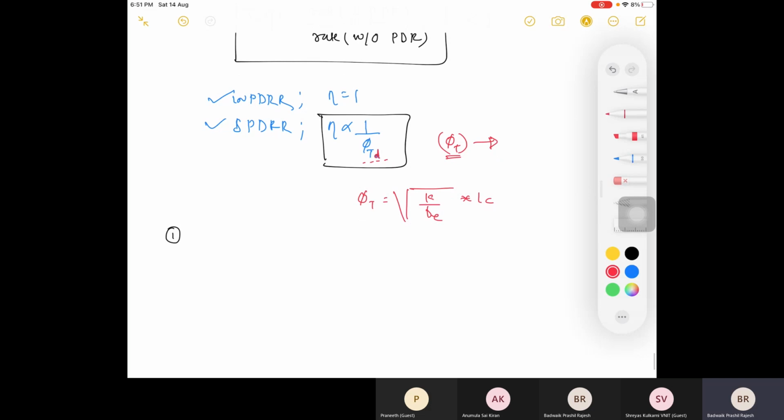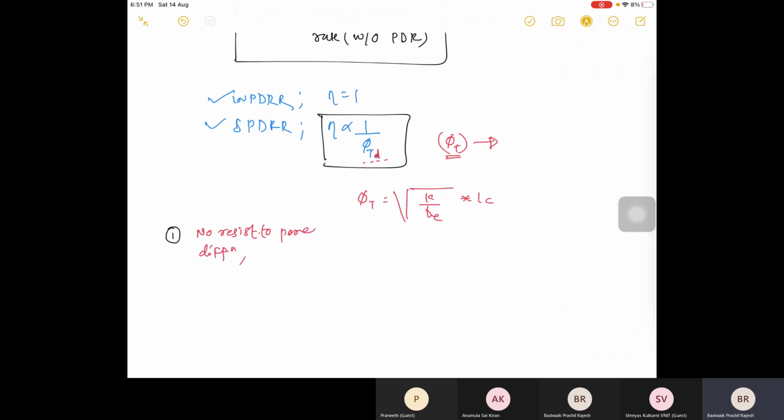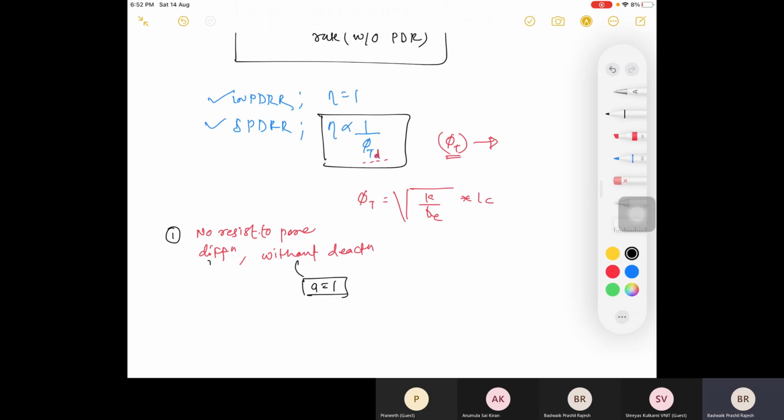First is no resistance to pore diffusion, and without deactivation. And simply modify what is without deactivation: activity is equal to 1, and no resistance to pore diffusion means the effectiveness factor is equal to 1.